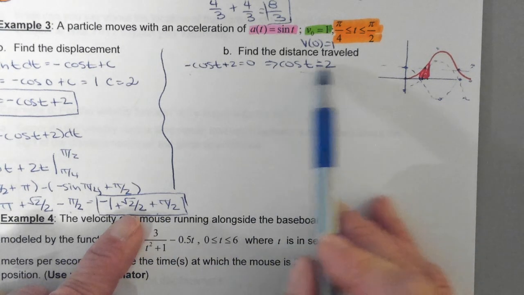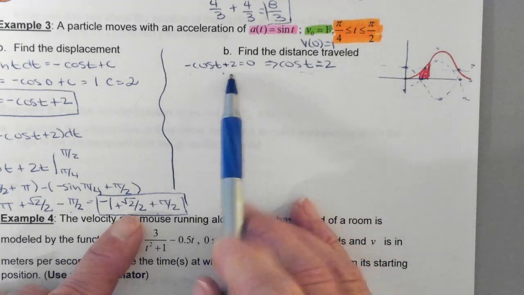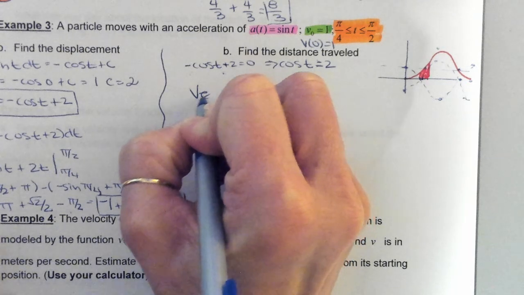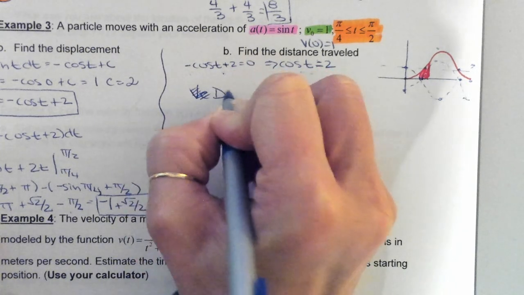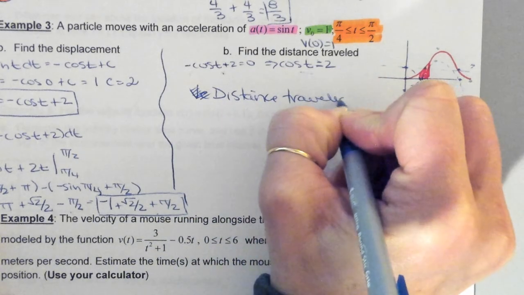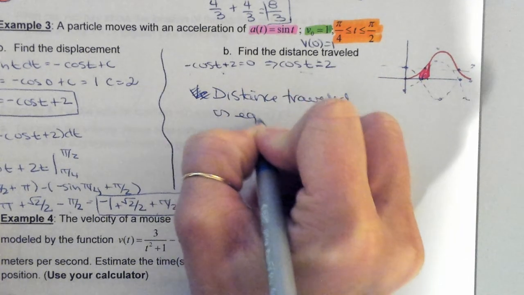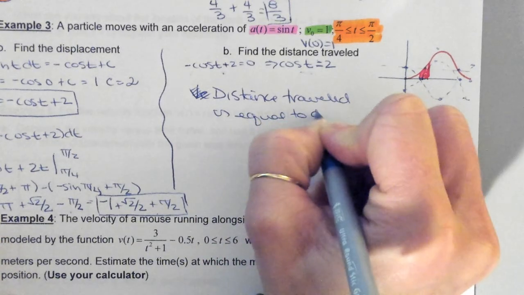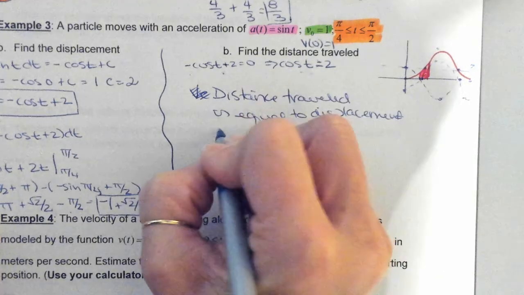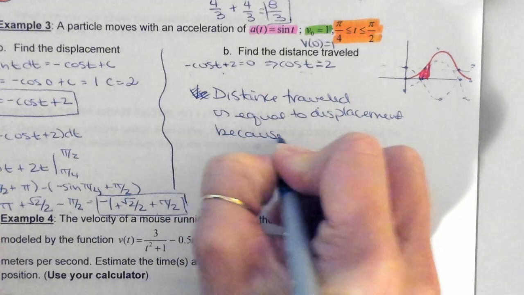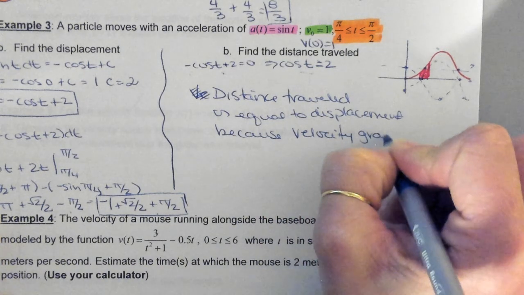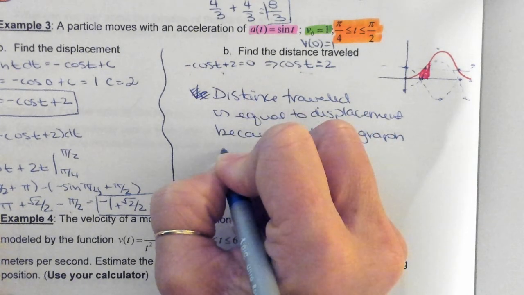So you need to sometimes think about what's happening with this graph. Here, the velocity, excuse me, that's wrong. The distance traveled is equal to the displacement because the velocity graph is always positive.